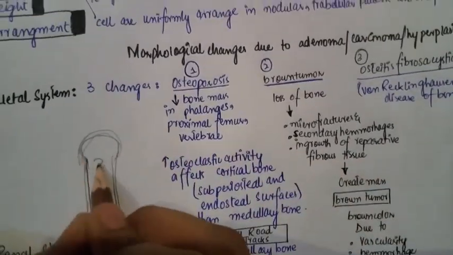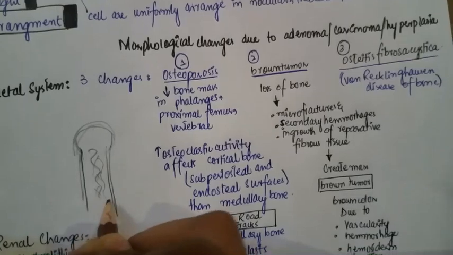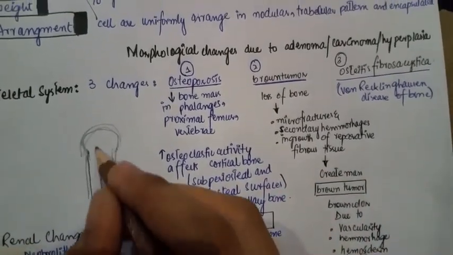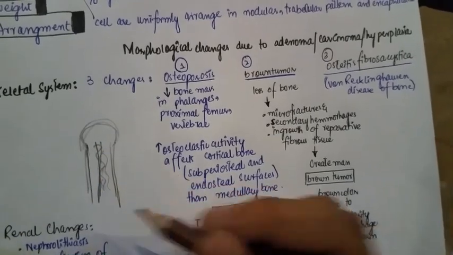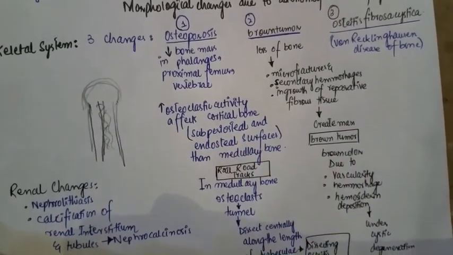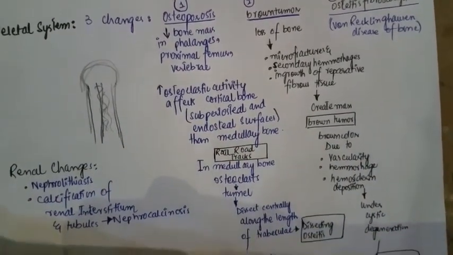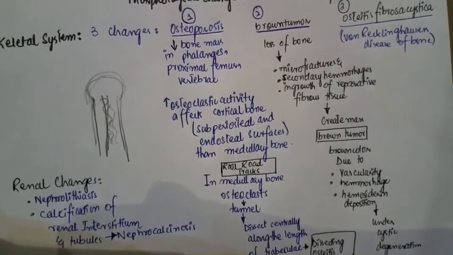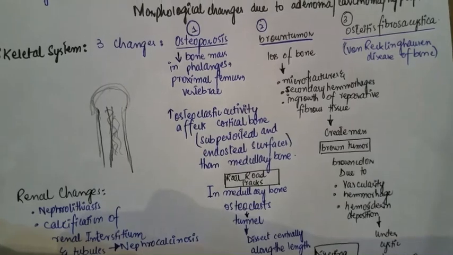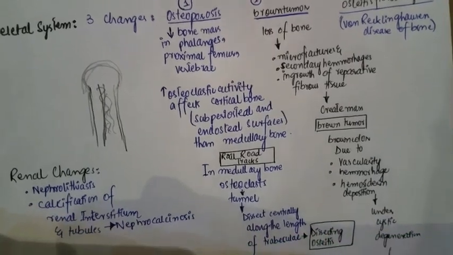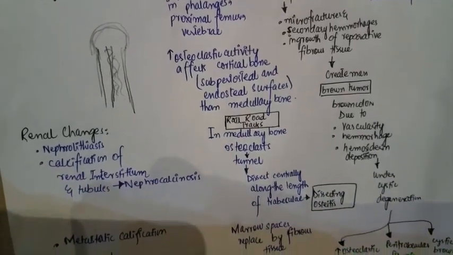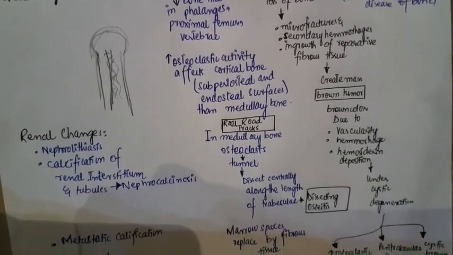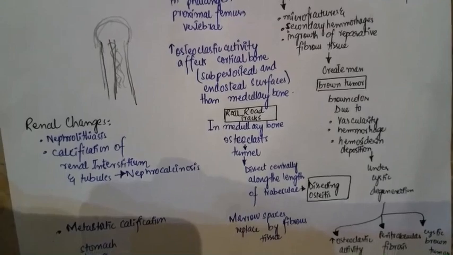These are the trabeculae. This is known as dissecting osteitis. These osteoclast-formed tunnels are known as railroad tracks. What happens due to this effect? Marrow spaces start to be replaced by fibrous tissue.